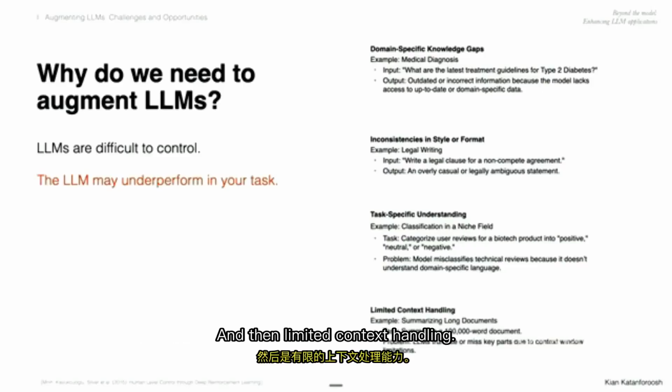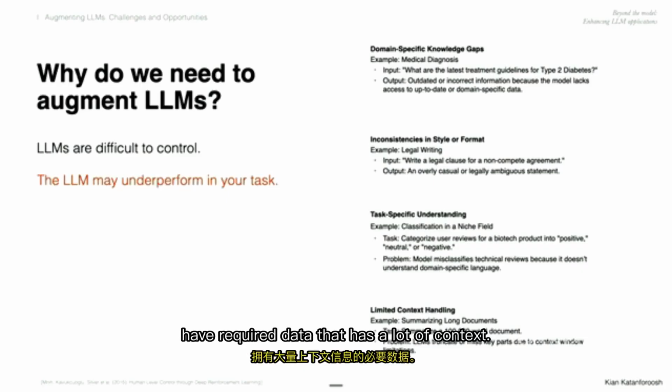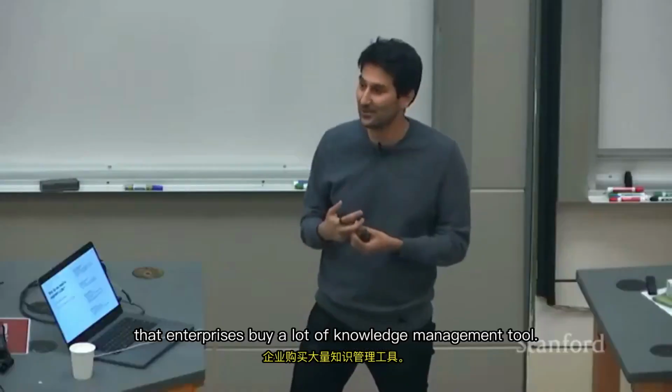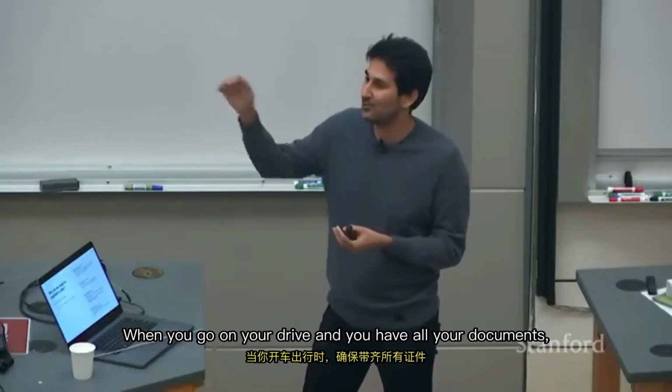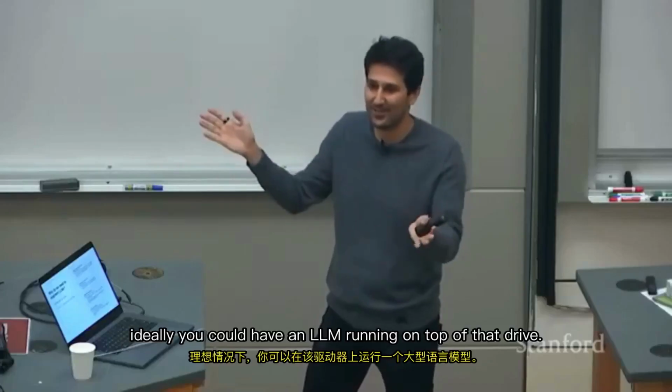And then limited context handling. A lot of AI applications, especially in the enterprise, require data that has a lot of context. Just to give you a simple example, knowledge management is an important space that enterprises buy a lot of tools for. When you go on your drive and you have all your documents, ideally you could have an LLM running on top of that drive.